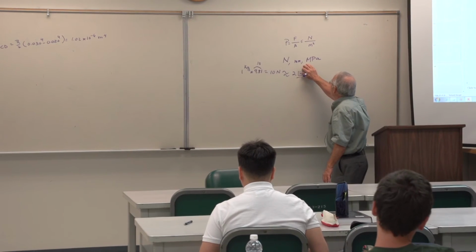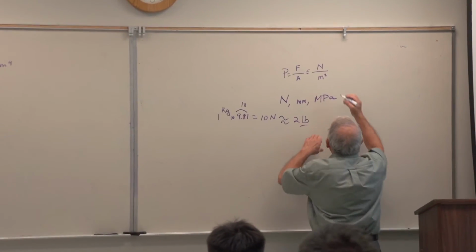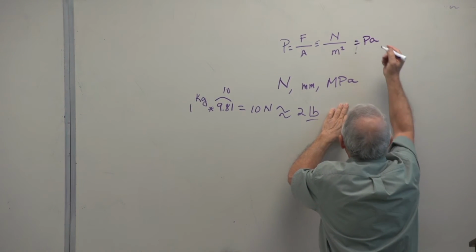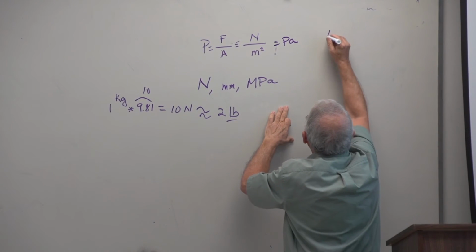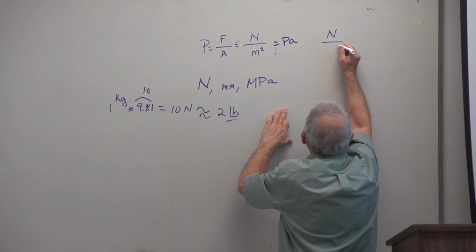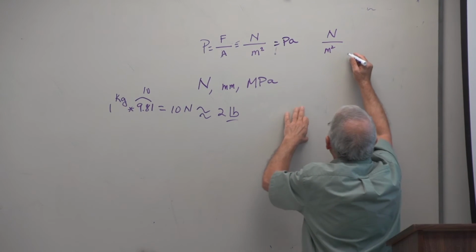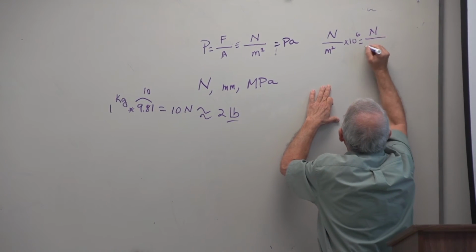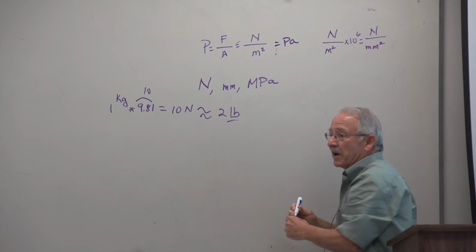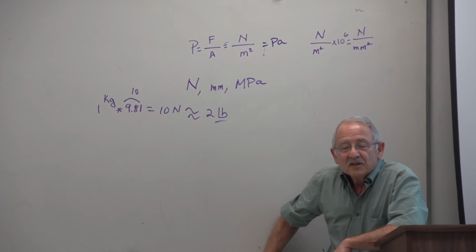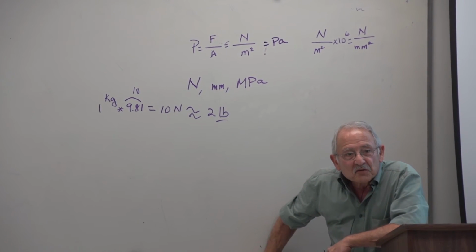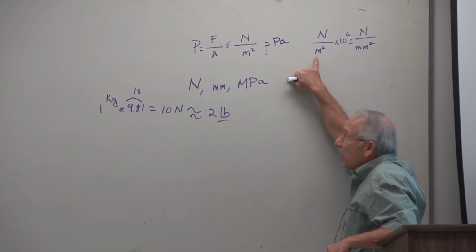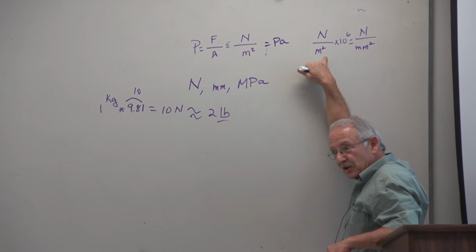Coming back to this, I will write if this is equal to Pascal. But that newton divided by meter squared times 10 to the 6 is equal to newtons divided by millimeters squared, right? Because each millimeter is 10 to the minus 3 meters. 10 to the minus 3 times 10 to the minus 3, 10 to the minus 6.